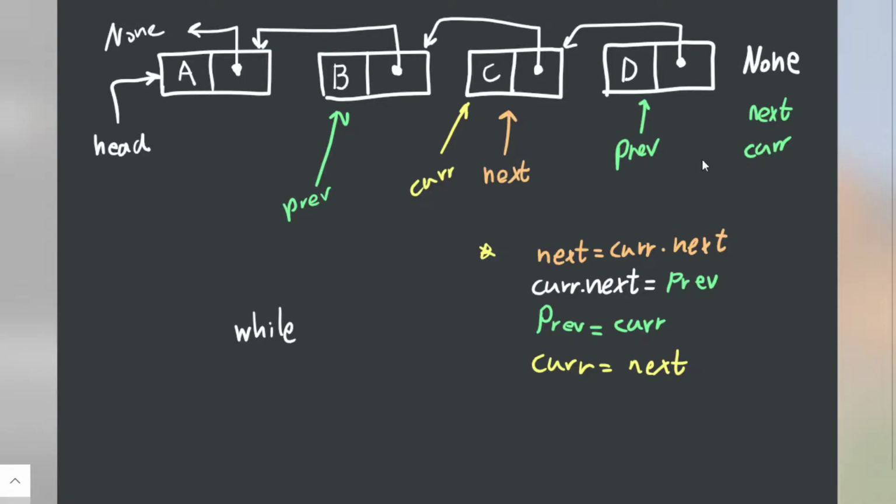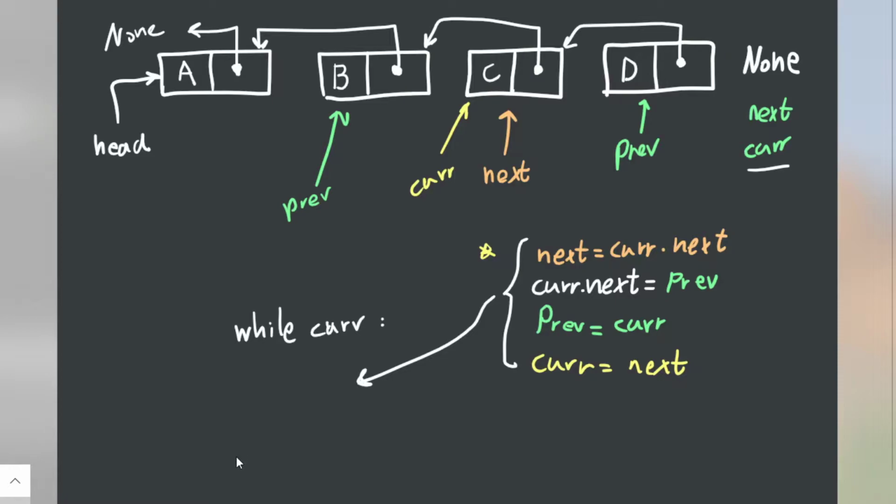And that's where we want to stop ideally. To make that happen, we can simply use the current variable as our signal: if the current variable is None, then we're at the end and we're done with the loop.